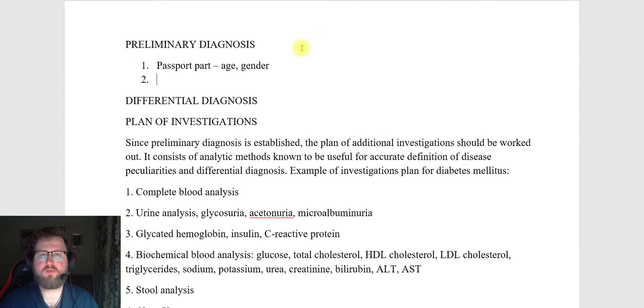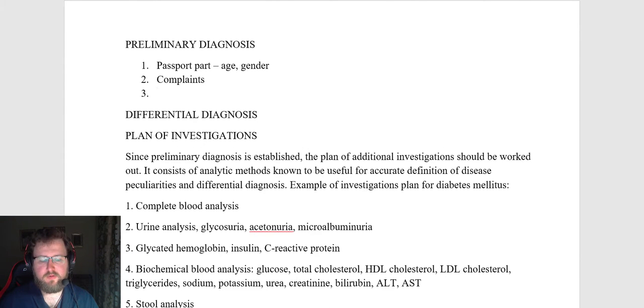Next, what we've already obtained are the patient's complaints. Among the patient's complaints, we've discriminated main complaints. We are discussing a case of acute appendicitis.